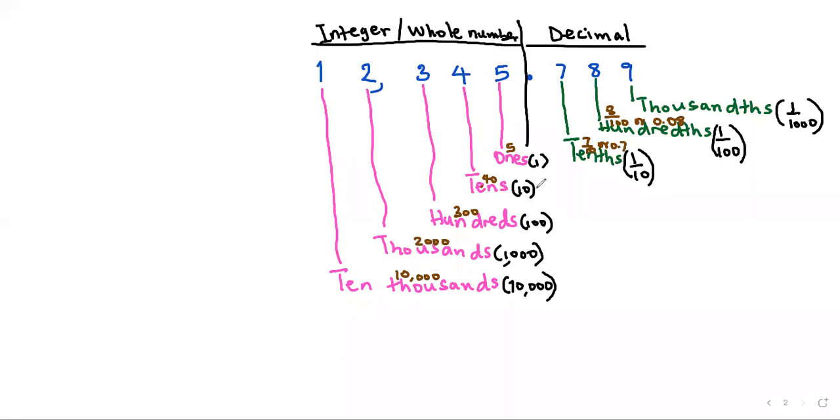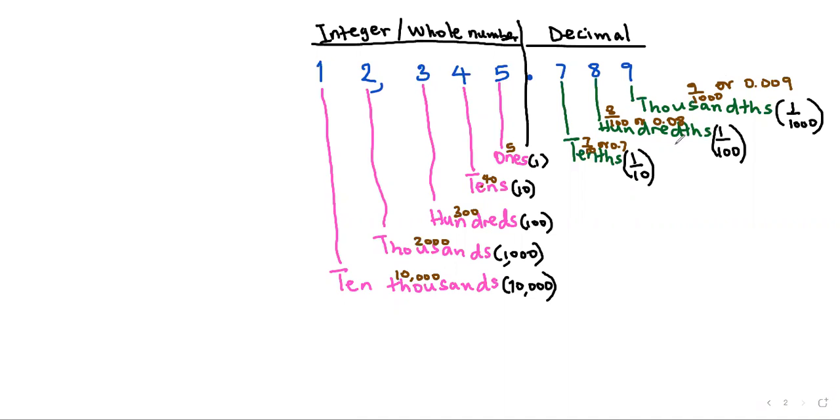So what is the value of 9? 9 out of 1,000, all same as? 0.009. Very good.